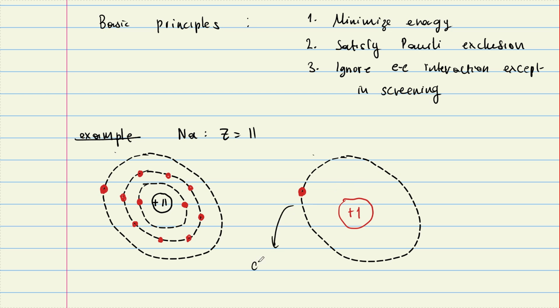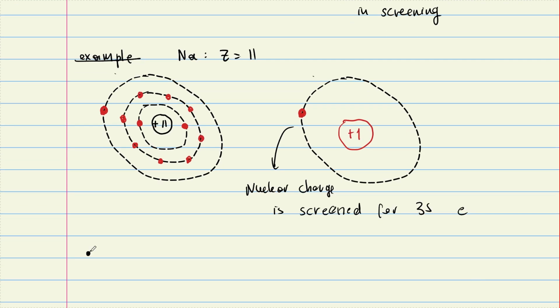The nuclear charge is screened for the 3s electron.